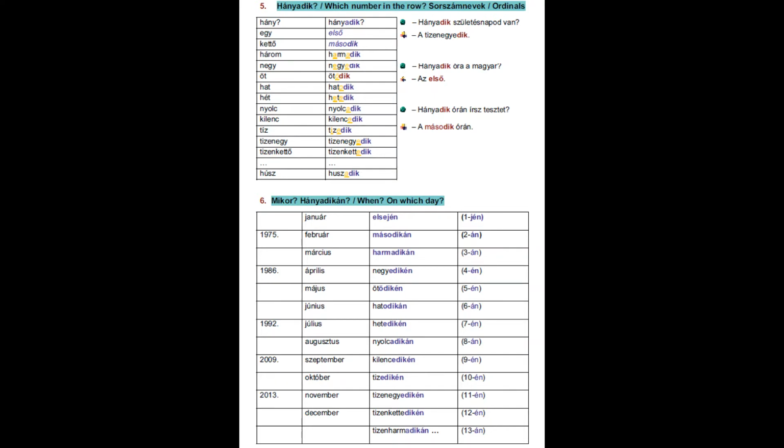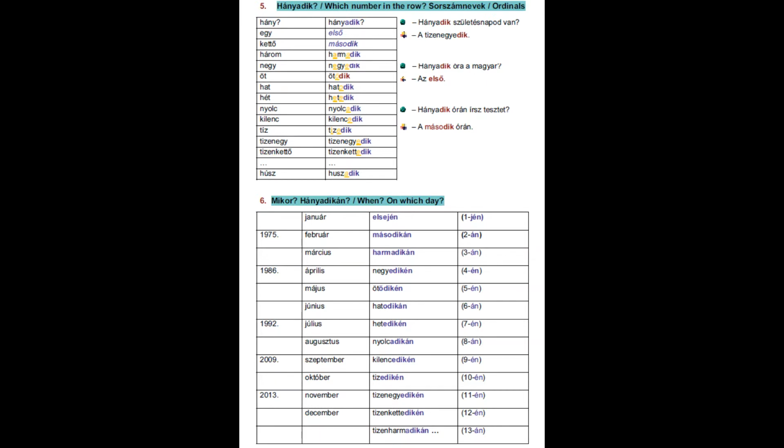Június 6-án. Because 6 is the 6th, and on the 6th is 6-án.